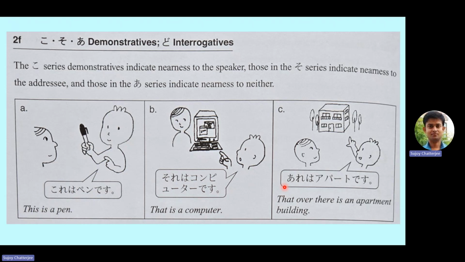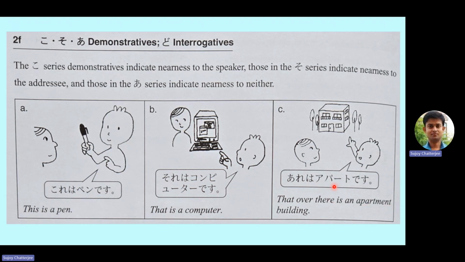And in the third diagram, we see that the speaker and the listener are together, and the speaker is referring to something which is at a distance. So here it will be are wa. Are wa apato desu. Apato means apartment. So in Japanese, they call it apato for the apartment. And as you can see, this is written in katakana, which indicates that it has been derived from this English word apartment itself.